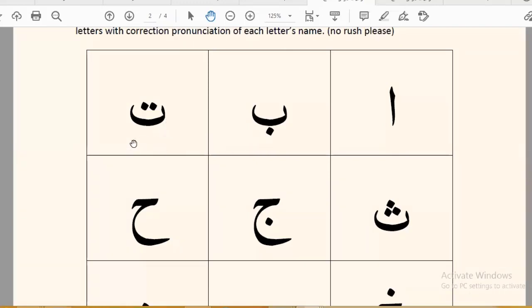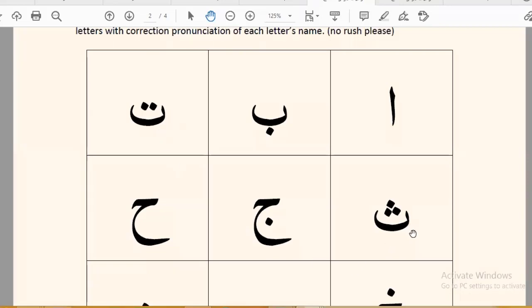Now, this next column, you can see it's the same shape as this, with the long horizontal shape with the curved edges. But now the dots, you can see that this has 2 dots and it's found on top of the letter. This is the letter Ta. Ta. Good, excellent.